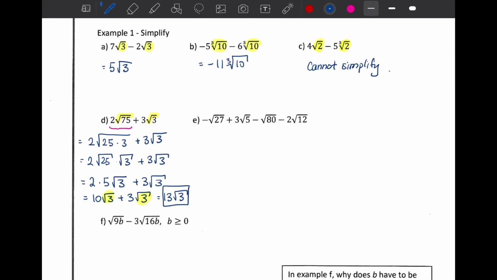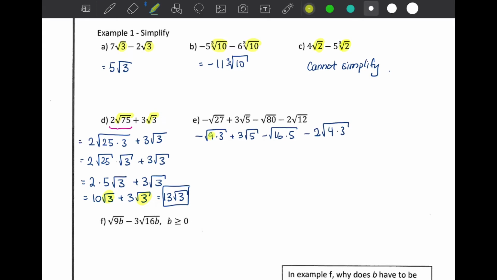Part E. Same idea as part D. We do need to check if we can rewrite these as like radicals. I know 27 is 9 times 3, where 9 is a perfect square, plus 3 root 5, and I can't simplify that any further, minus 16 times 5 would equal 80, 2 times square root of 4 times 3.